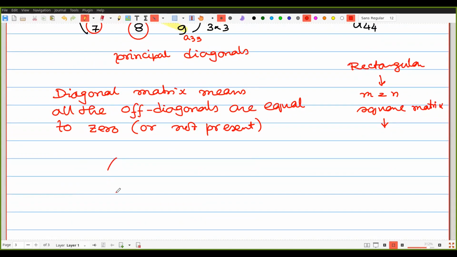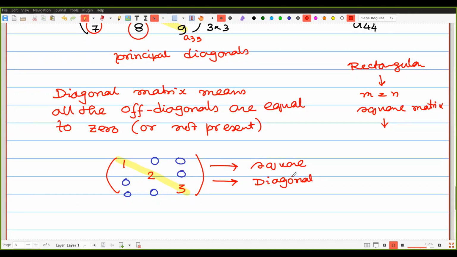Now if we consider 1, 2, 3 as the principal diagonals, and all the other off diagonals are equal to 0, then that matrix is a square matrix and also a diagonal matrix, because all the off diagonal elements are equal to 0. So from a square matrix, we can find the diagonal matrix.